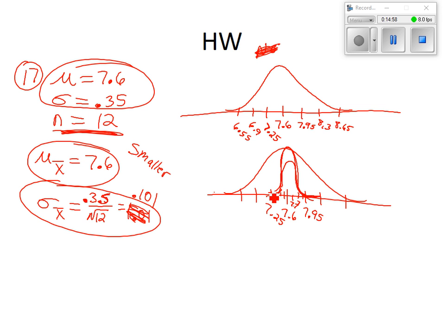And again, what we're saying is, if we pick 12 people, we expect that the mean of those 12 people is going to fall in there a certain percentage of the time, all the time. That's where our mean is. So if we pick 12 people and we come up with a mean that's 6.9, then that's very unusual.